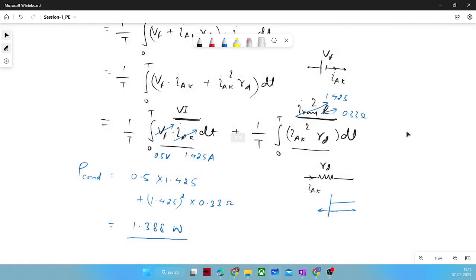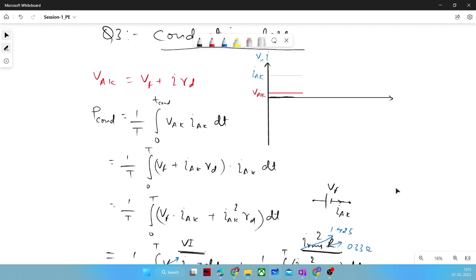So you can feel the difference between conduction loss and switching loss for the same circuit. And if you add the switching off transition, you will get a total of 500 watt, which compared to 1.388 watt is very high. That's one point. Any doubt in this solution?